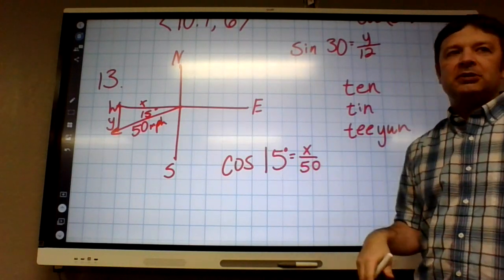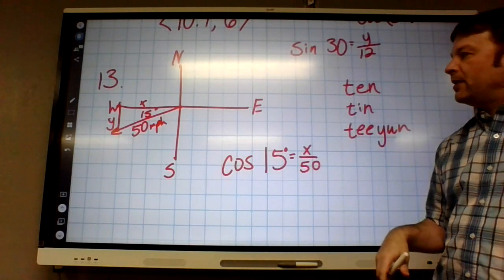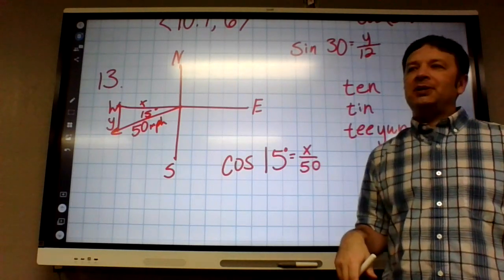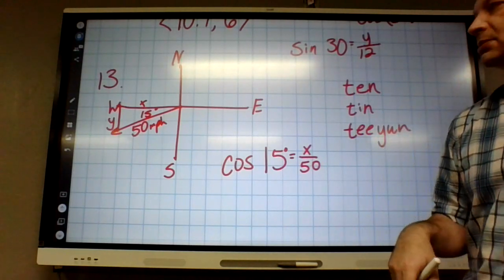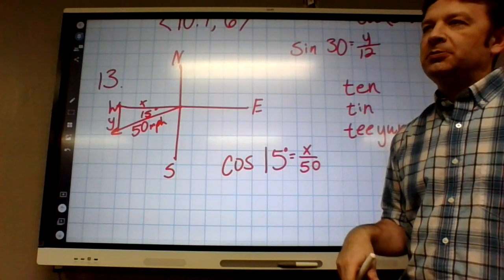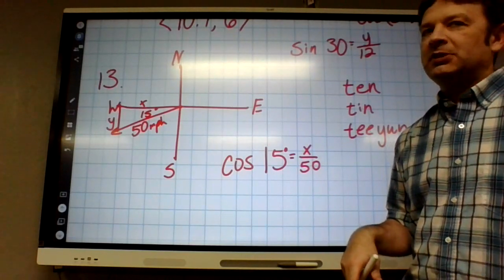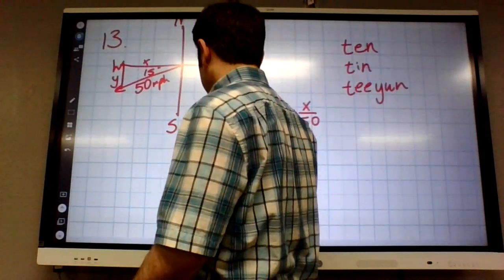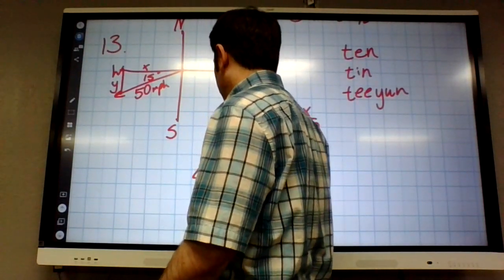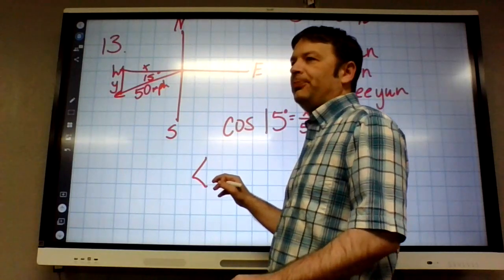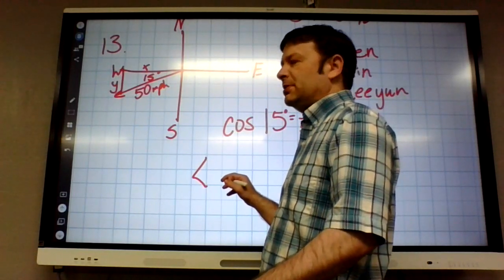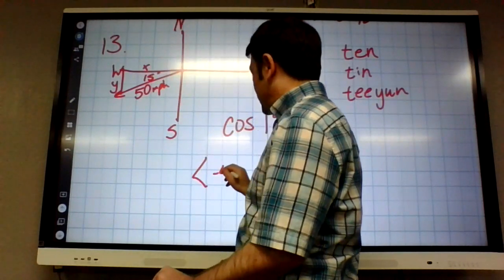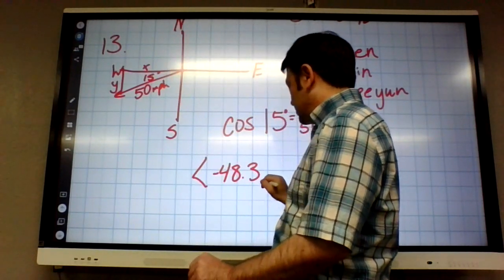It should be like 48 point something. 48.2962913. We're just rounding to the tenth place, so 48.3. Because x is going to the left, it's negative 48.3.